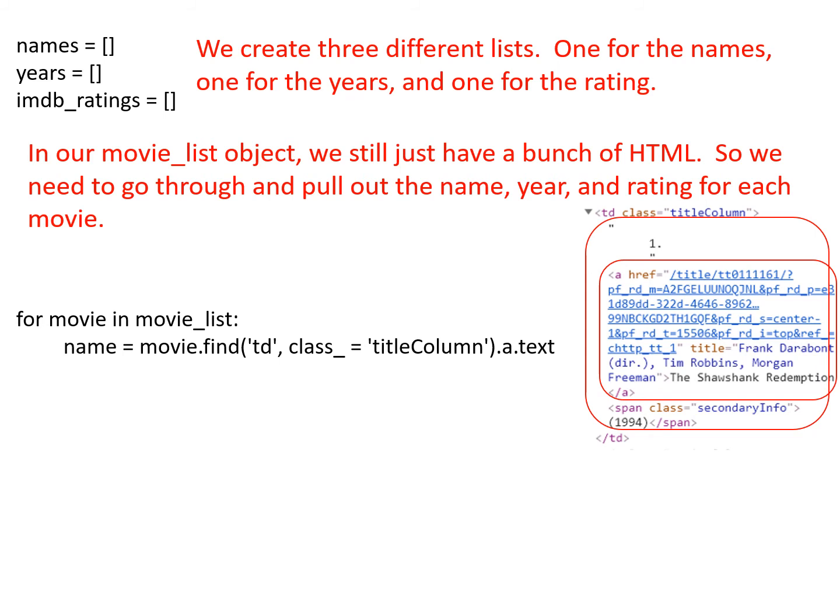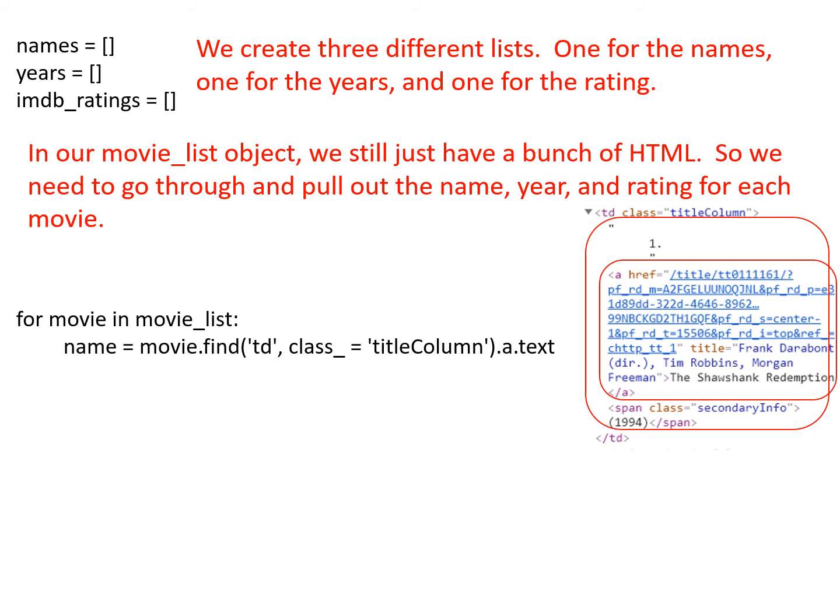So back to our code, we say movie.find td class equals title column, and we're finding that first, but now let's go inside that. So we say .a, meaning go inside that and find the A tag, and then we say .text, saying go inside the A tag and get the text, which would be The Shawshank Redemption.